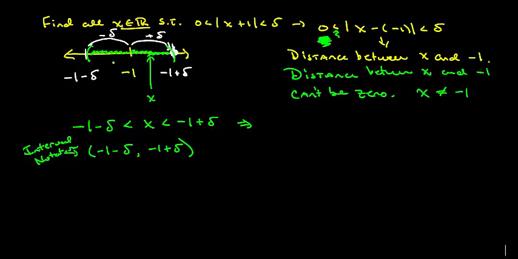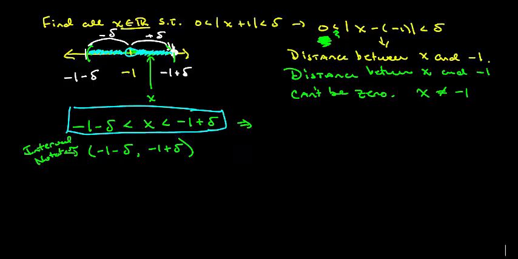So if we look at this up here, we're really not quite right. We can use all of this, and we can use all of this for our x values, but we can't use that. So we really have an open circle there in the middle. This interval right here does not describe the open circle in the middle. So to get the open circle in the middle, we could do a couple things.